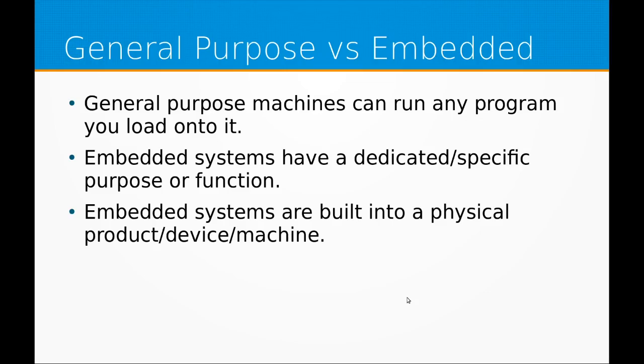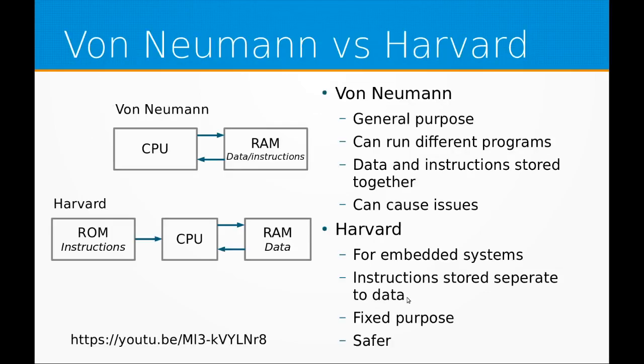Now, if you look under the hood, how they work is slightly different. So the von Neumann architecture is what your computer is using. This is what general purpose computers are using. So you've got your RAM, which when you run a program, that program gets loaded into RAM along with any data with it.